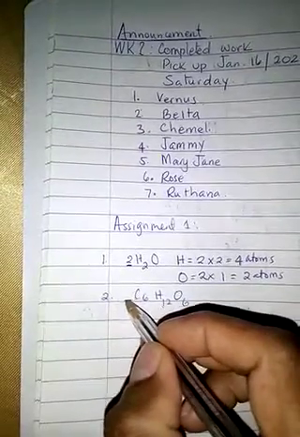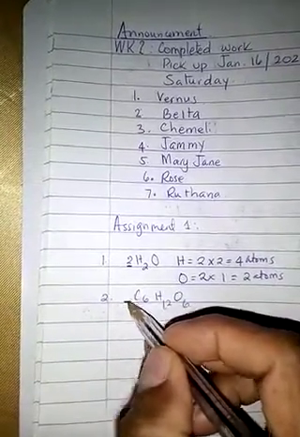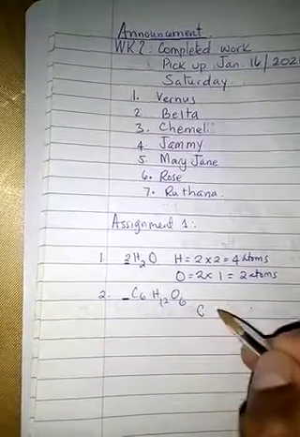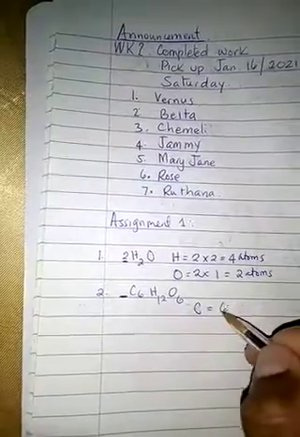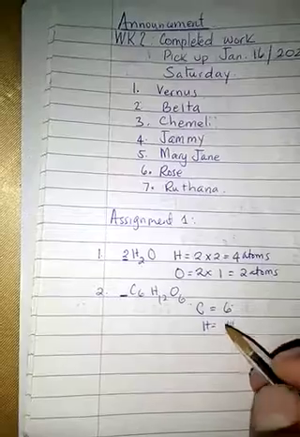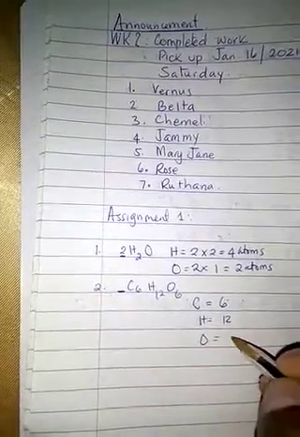That means to find the individual atoms, carbon is 6, hydrogen is 12, and oxygen is 6.